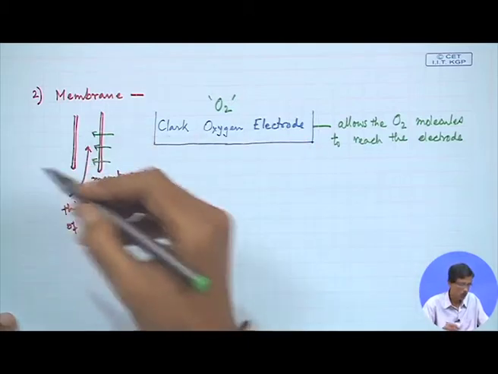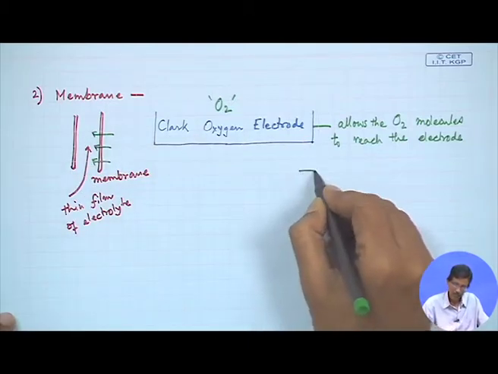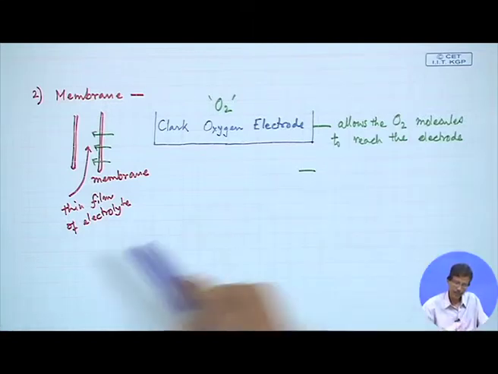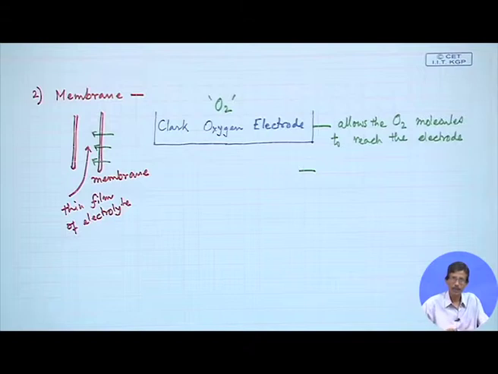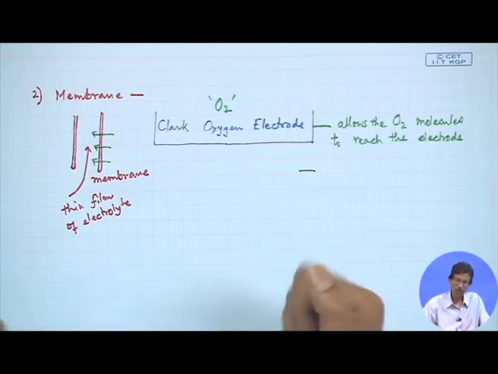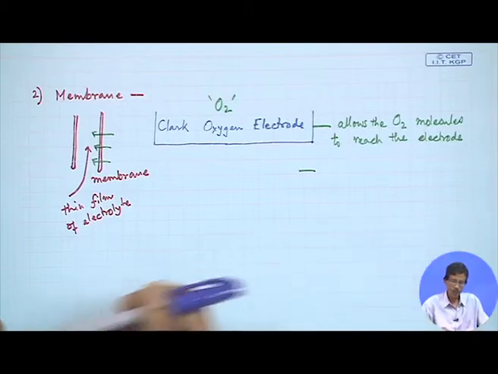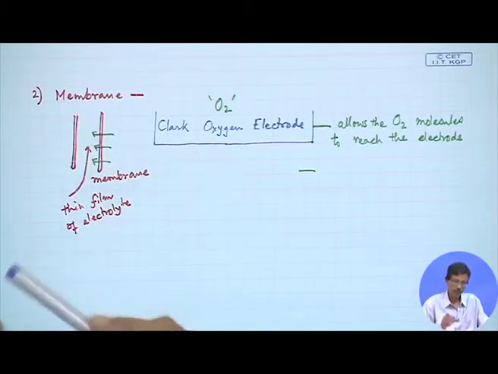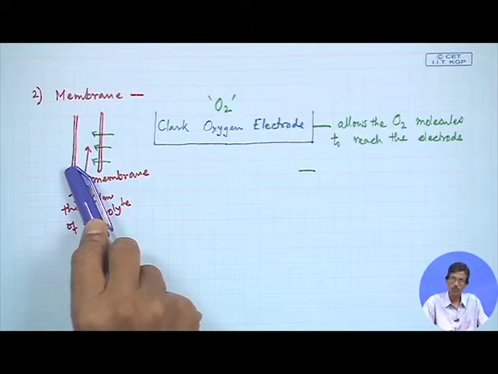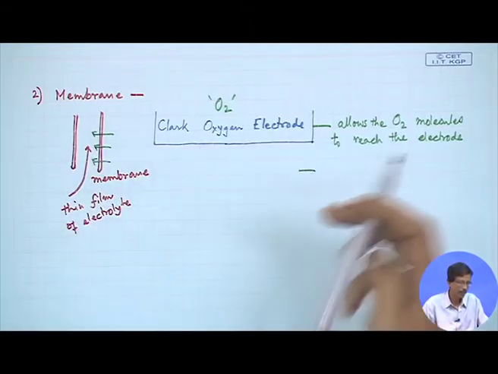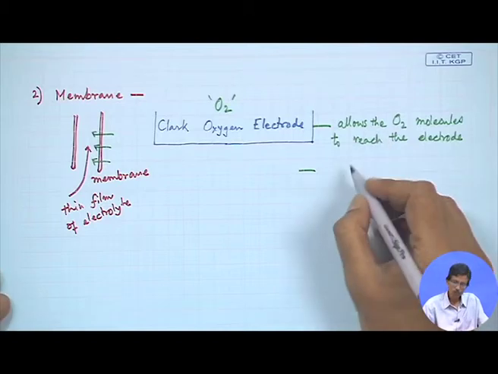So, it is passing through the membrane, and then O2 can be dissolved in the thin film of this electrolyte. It is a very small film. We know that when we dip a solid electrode or a solid surface in any liquid, the liquid can form a film on that solid surface or solid support. So, your electrode is your solid support, and that film can dissolve this O2.